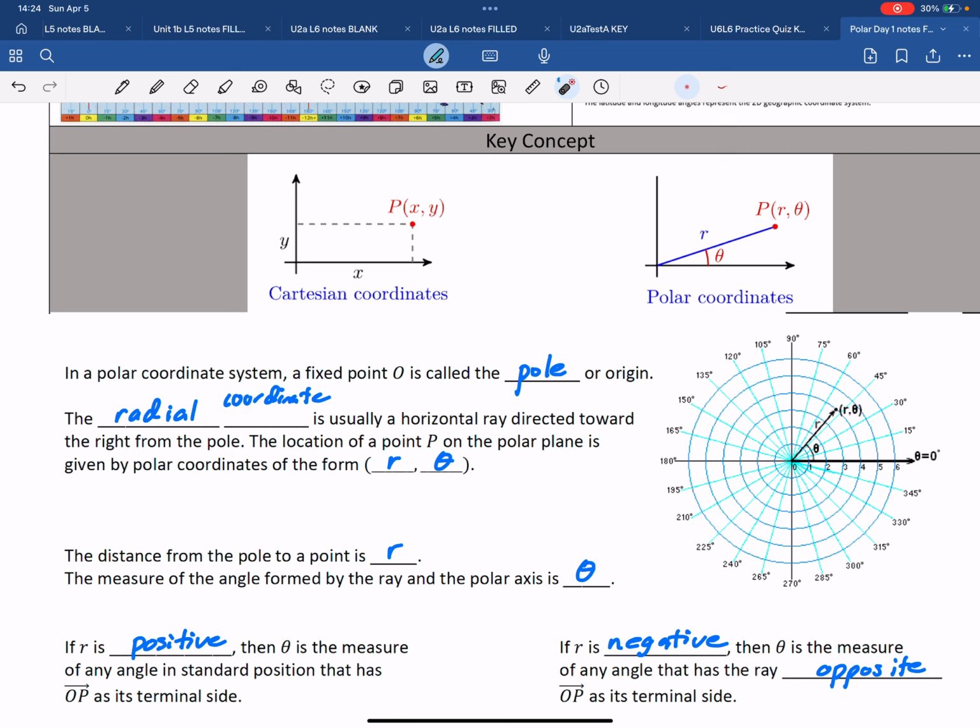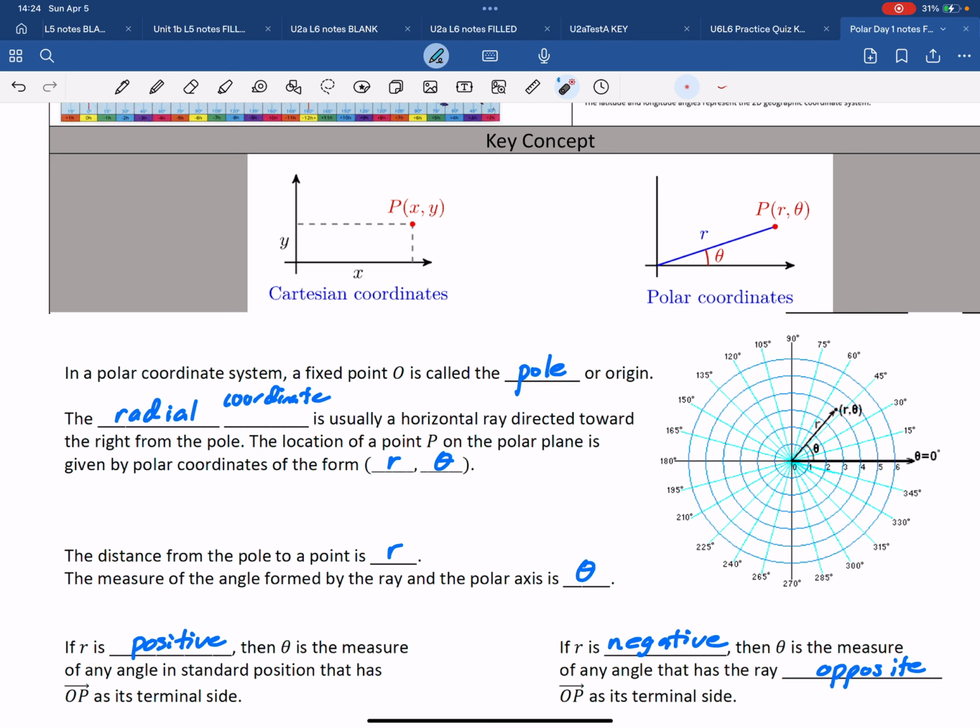So r is our distance, theta is our angle. Here's a view of it in degrees, but like I said, most of the time we're going to be dealing with radians. And again, remember, 0 is straight to the right, and we rotate in a counterclockwise direction, the same convention as we go around the unit circle, right? We go up and to the left and just keep mapping around, okay?